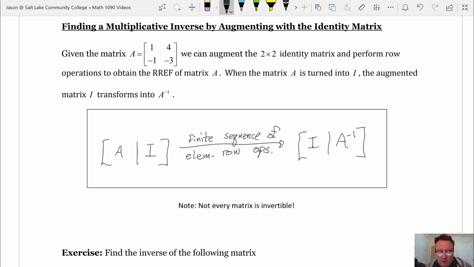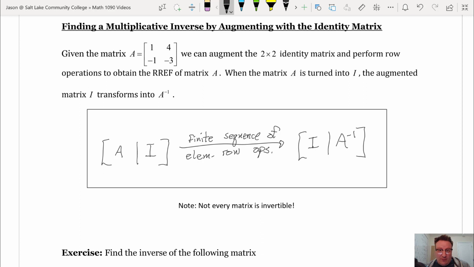And then what we want to do is Gaussian elimination. In other words, we want to create a finite sequence of elementary row operations such that those row operations transform A into the identity. Now, we've seen in the past that this is not always possible.